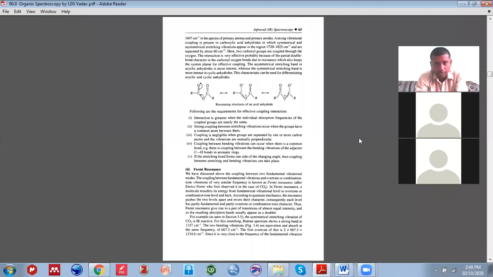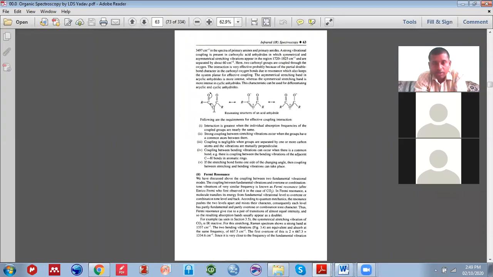This is the anhydride molecule. Just look at the structure of the anhydride molecule. Anhydride contains two carbonyl groups, and the two carbonyl groups are connected through an ethereal oxygen link, a bridge.